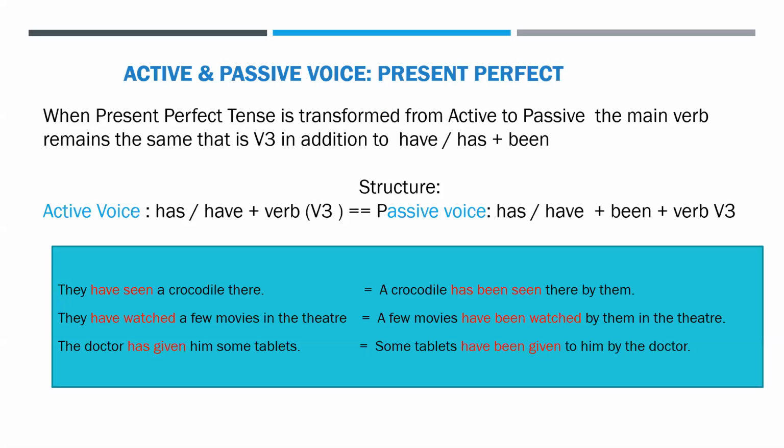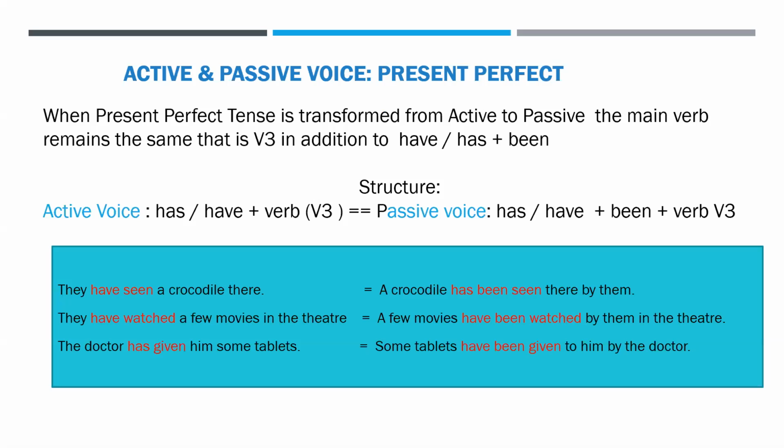So which is your verb here? Have seen. It is in the present perfect because it is they. I can't use has. Do you remember when do you use has? You use has with he, she, it. And with the rest of the pronouns, you will use have, H-A-V-E. So they have seen a crocodile there. So which is your subject? They is your subject. Have seen is your verb and a crocodile is your object.